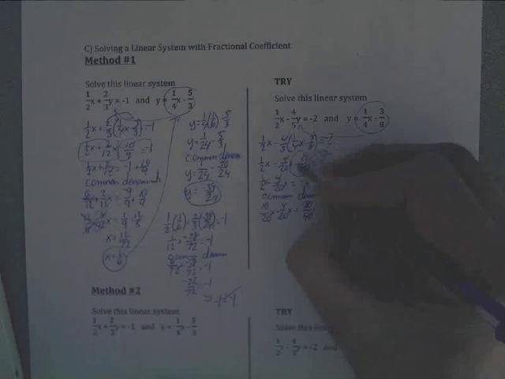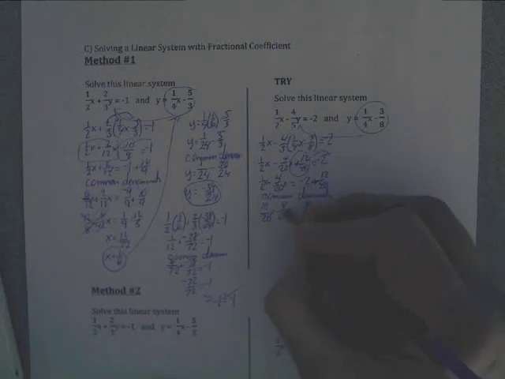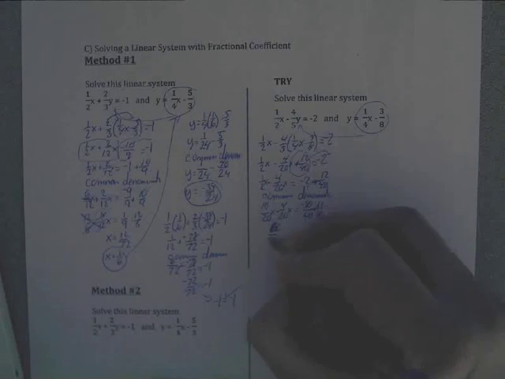And this should have been plus, which means this is negative. Here I get 6 over 20, and negative 80 minus 12 is negative 92.